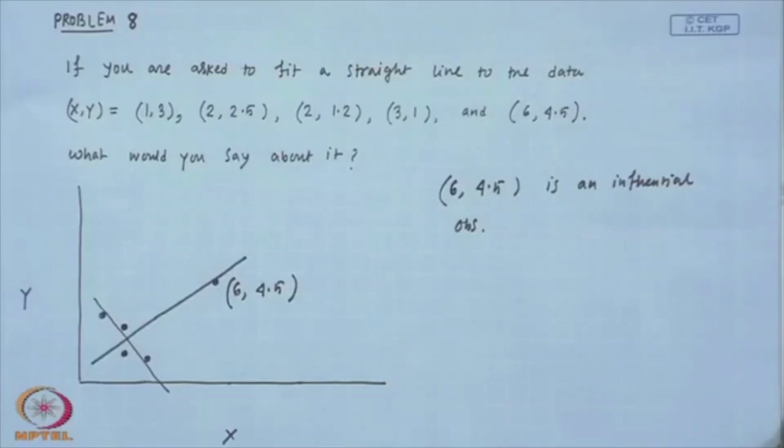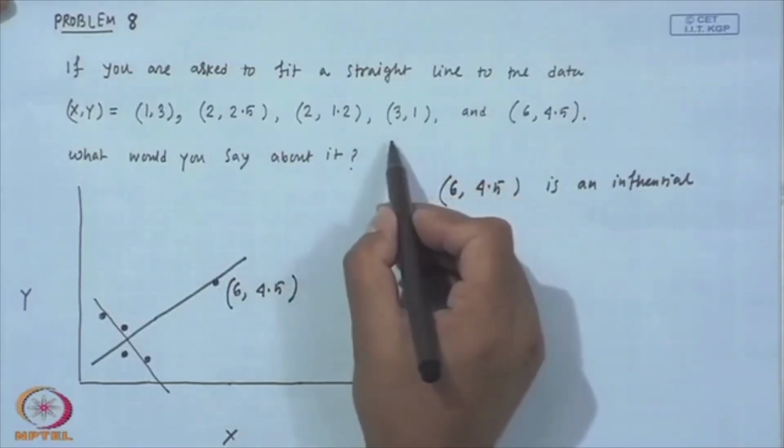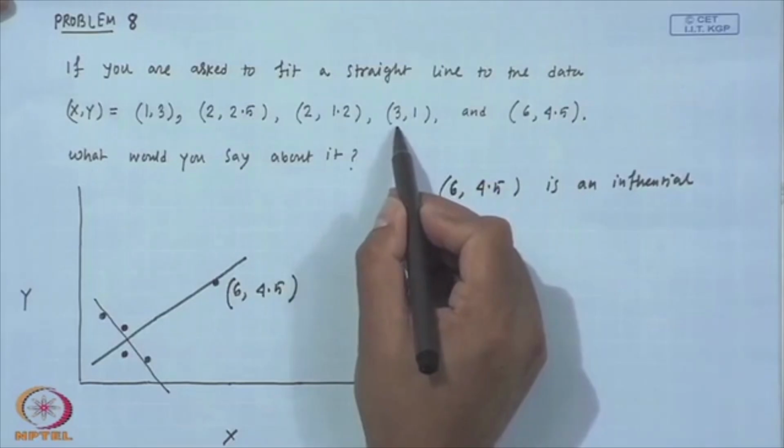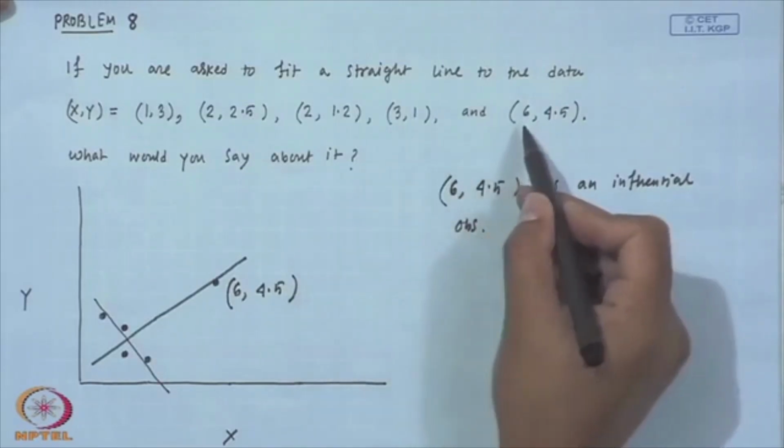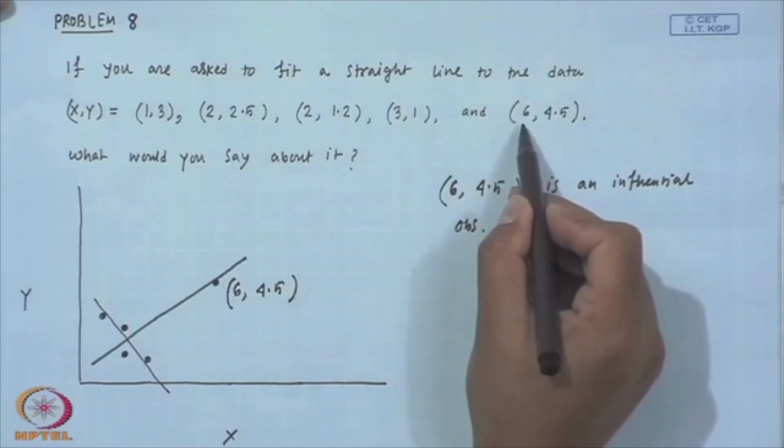And what could have been better here is that, if you see, you have data up to 3, and then the next one is 6.